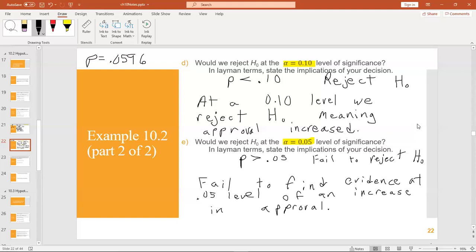But let's just imagine you have a politician who likes to hear good news, and you're the pollster for this politician. Are you going to tell them that there's no evidence that their approval rating increased?